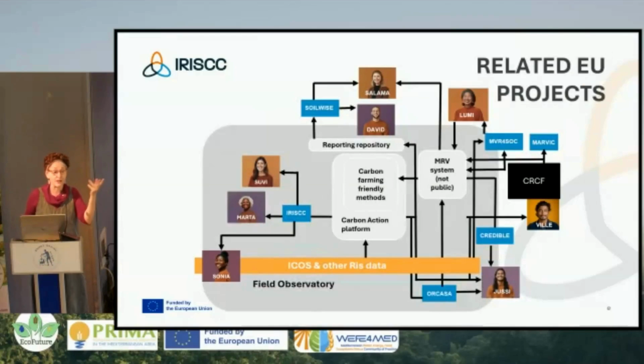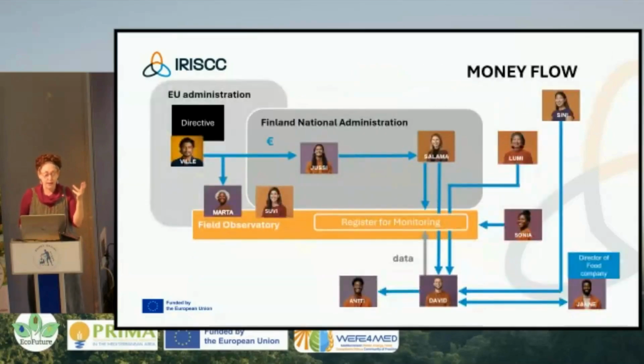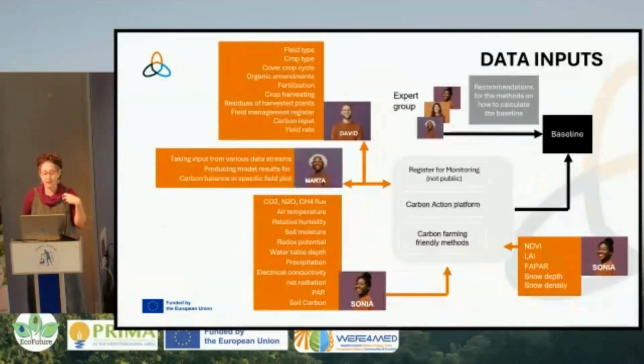And we have always been mapping the different EU projects that relate to carbon farming that were important for us. We have been understanding the money flow in these future utopian scenarios and how we envision that in Finland. It might be that in other countries it might be different.